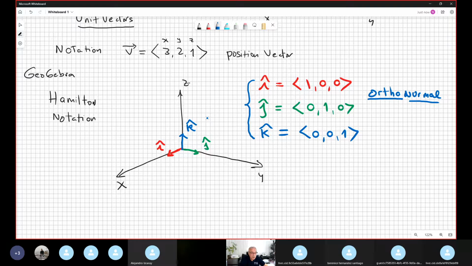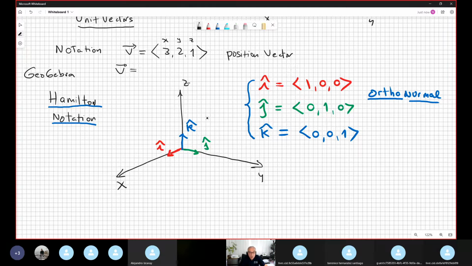And we're using the Hamilton notation to represent this vector. So this vector B, we can represent, not using angular brackets. Either way, I frequently prefer angular brackets.